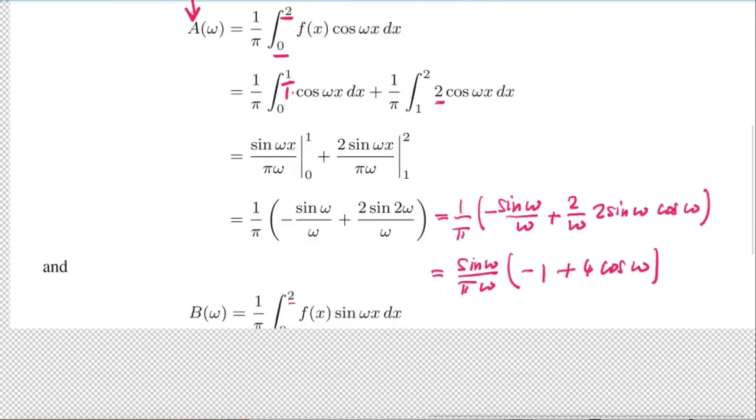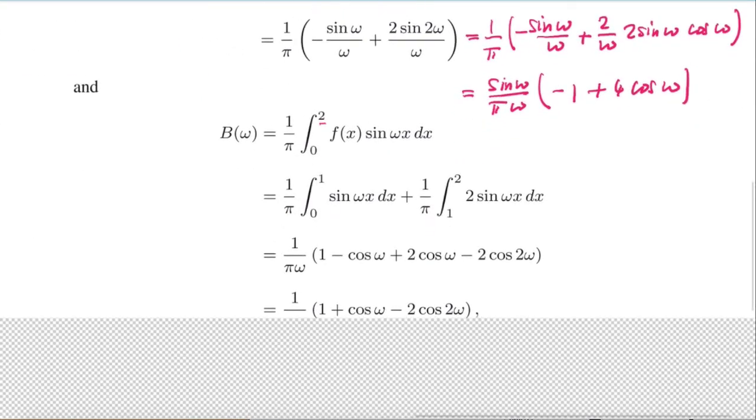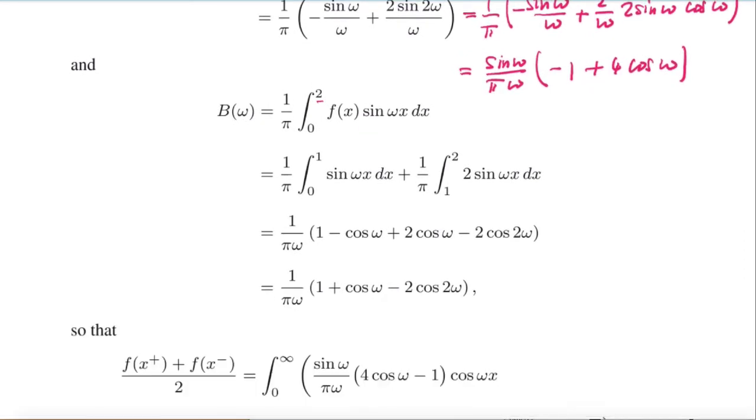Let's move on to the b coefficient. So in the b coefficient, we can again change the integral to 0 to 2, because this is where the action happens, and then split it up into an integral from 0 to 1 and from 1 to 2, where we integrate sine of omega x. We integrated sine many times, and this is what we get here. And again, we can use a double angle formula.